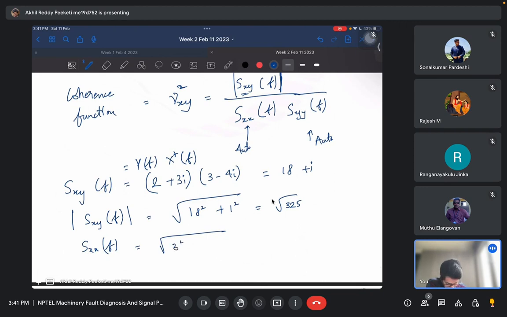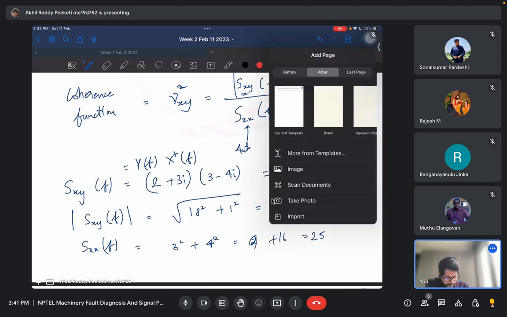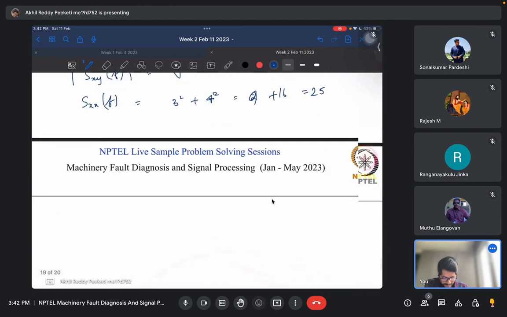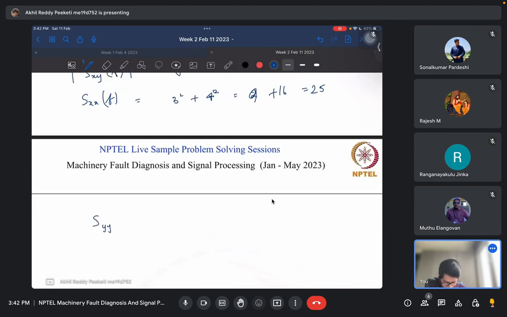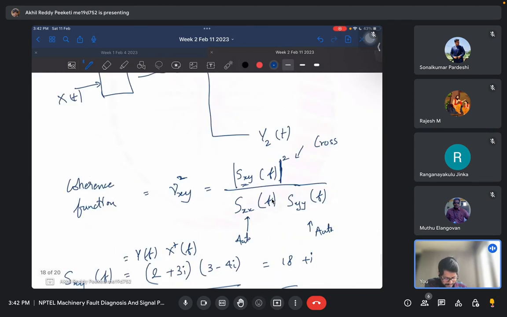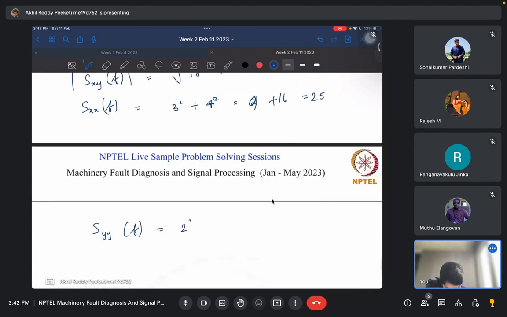It would be 3 squared plus 4 squared, so 9 plus 16, 25. And for y you have 2 squared plus 3 squared, so 4 plus 9, 13.